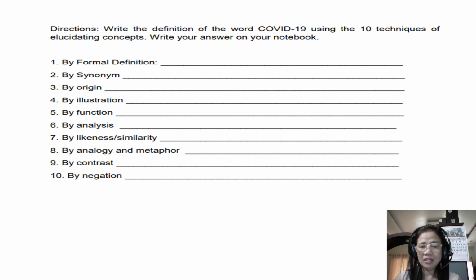By origin, what is the origin of the word COVID-19? By illustration, that means how can you explain COVID-19? What do you understand about COVID-19? By analysis, what is your analysis about COVID-19? What is its likeness and similarities with other diseases? By analogy and metaphor, and by contrast, you can find the differences of this with other sicknesses. Next, by negation. How can you put negative aspects about this COVID-19?